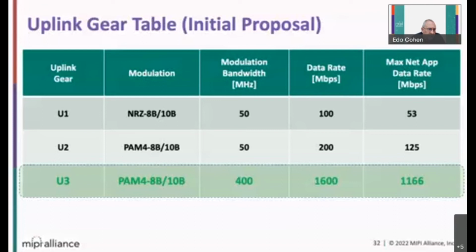And by increasing the modulation bandwidth, we can reach a higher data rate and a very good max net application data rate. That's how we will reach above 1 gigabit per second max data rate. That will enable both 1 gigabit Ethernet and other control interfaces like SPI, I2C, I3C from MIPI, and many others that could be supported at the same time on this link.